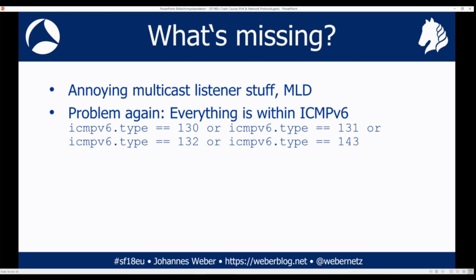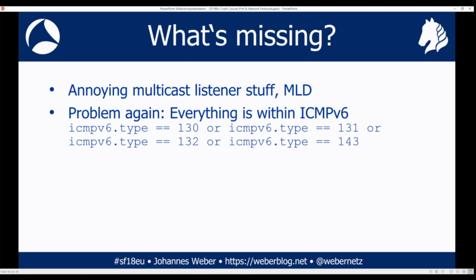Now when you're looking at the trace, you have some more annoying stuff, which is basically all related to multicast listener things. So you have MLD, the multicast listener discovery, that's another protocol. These are a couple of IPv6 messages.